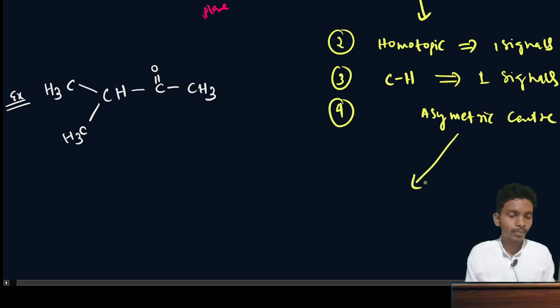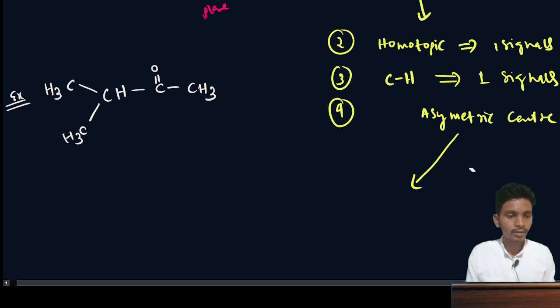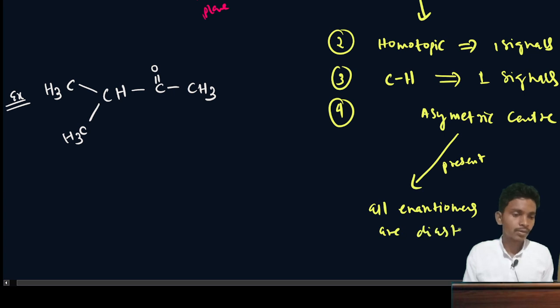If after modification, oh sorry, we will look at the asymmetric center. If it is present, then all enantiomers become diastereomers, and they will give different signals.